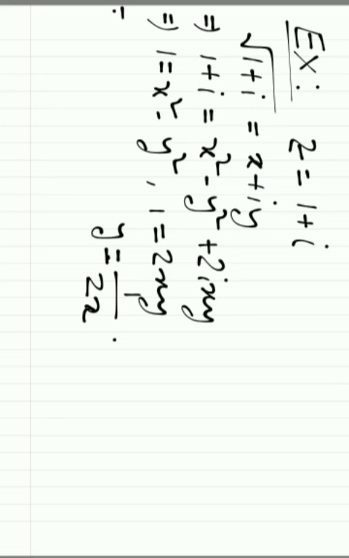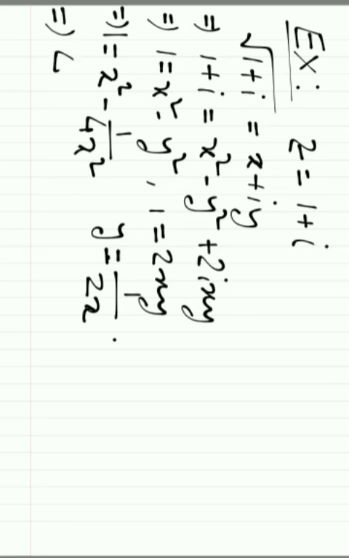So from the equation you are getting 1 is equal to x square minus 1 by 4x square. So what you are getting here is 4x to the power 4 minus 4x square minus 1 is equals to 0.